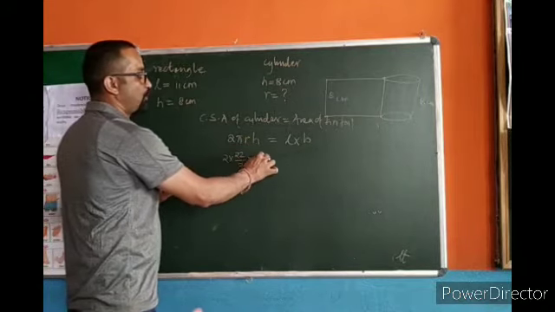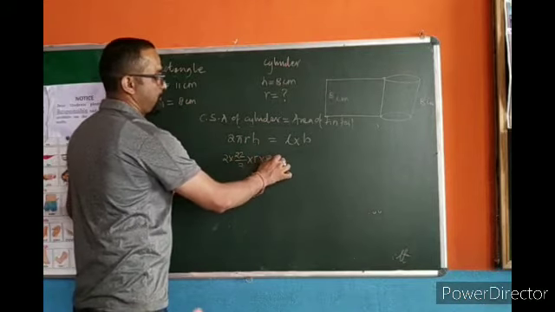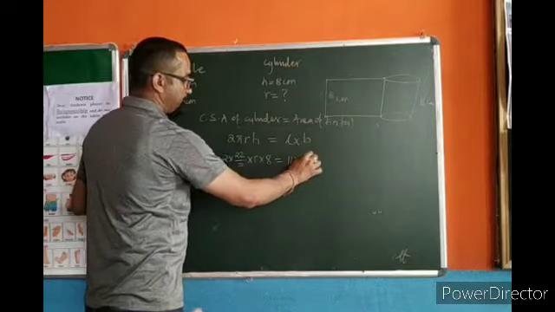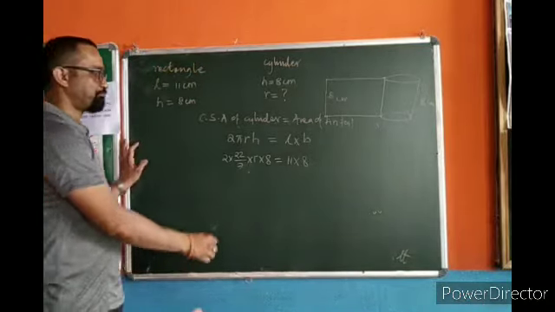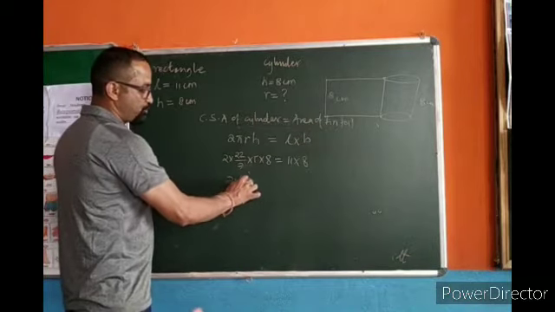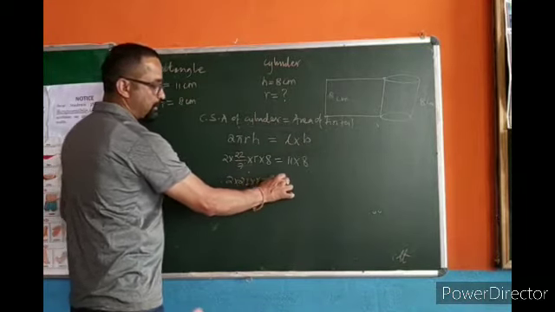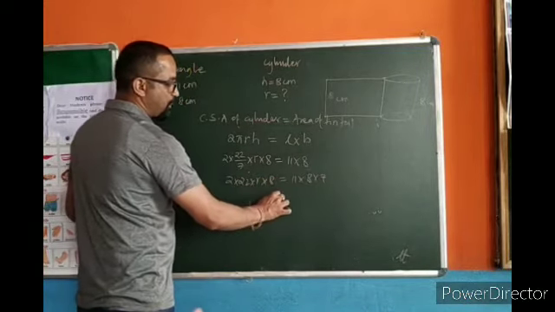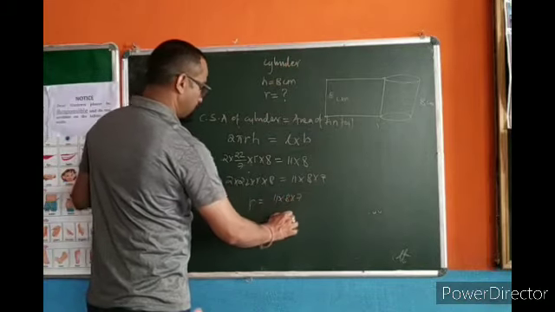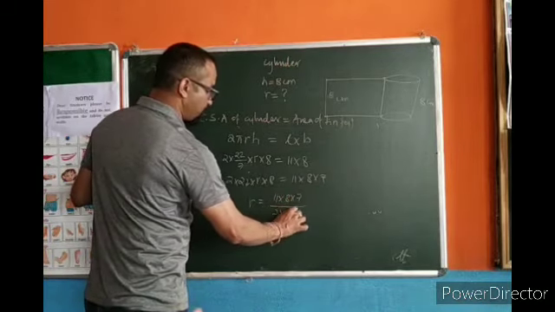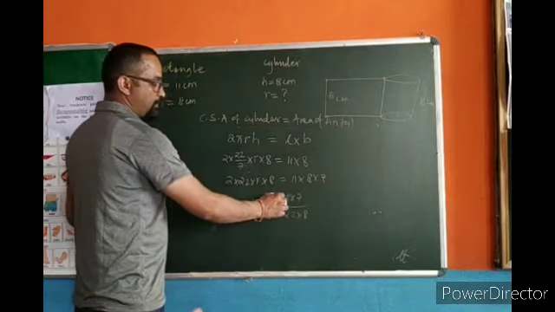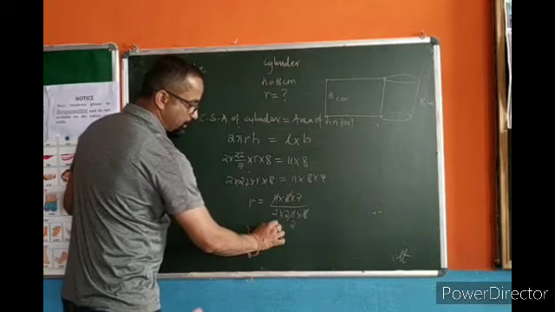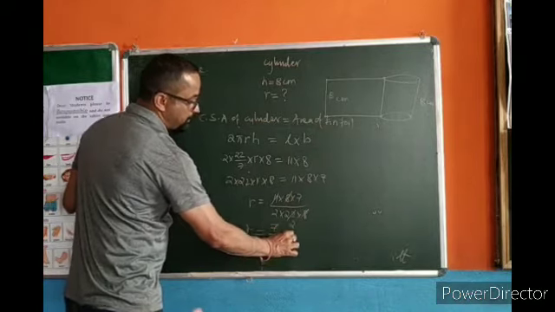Radius we do not know. Height 8. Length is 11. Breadth is 8. You have to simplify this. Cross multiply: 2 into 22 into r into 8 equal to 11 into 8 into 7. Make r the subject of formula. 11 into 8 into 7 divided by 2 into 22 into 8. 11 2 times, 8 cancels. Radius we get it as 7 upon 4 centimeter.